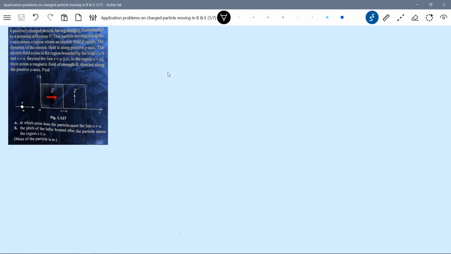Some correction is there. It should be the x-axis.